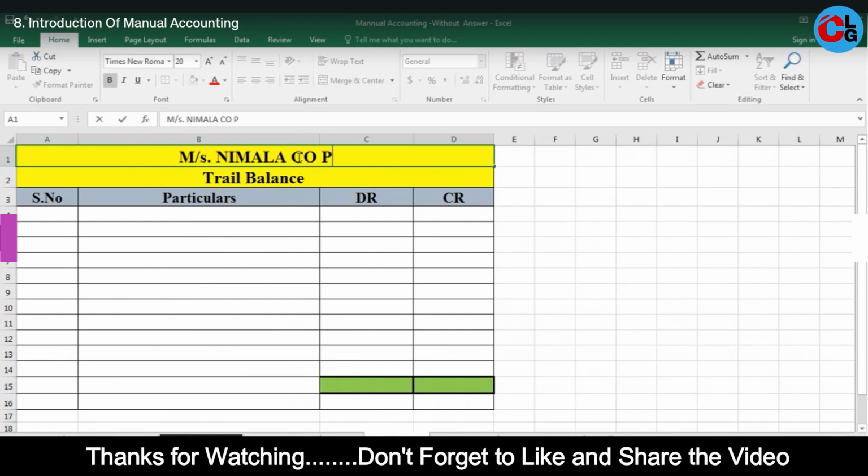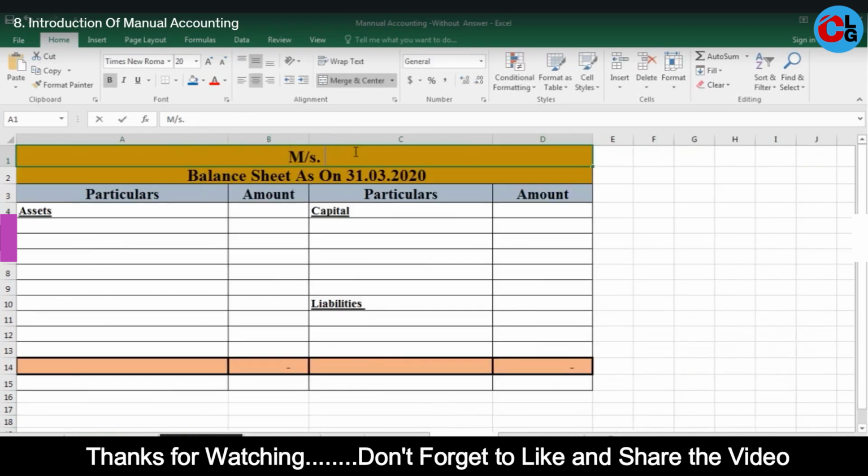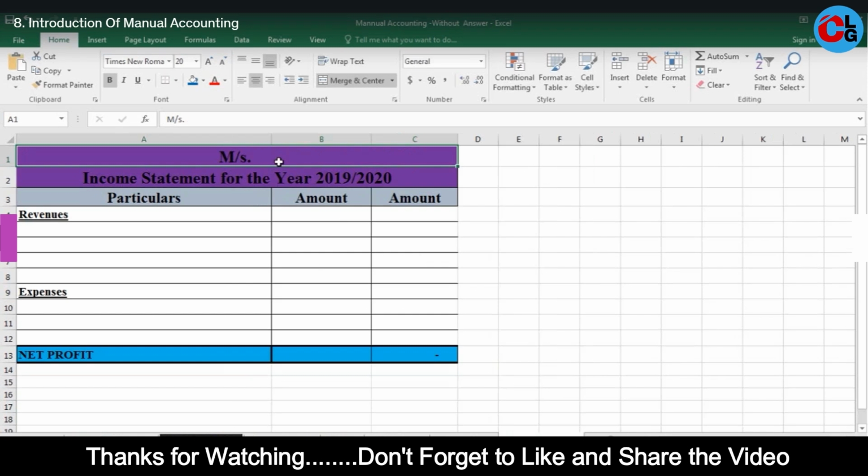Then in the balance sheet I also need to write the name of the company, Nimala Co Private Limited. The next one is the income statement, where I am going to write the name Nimala Co Private Limited. Okay, so now I am going to start the work.